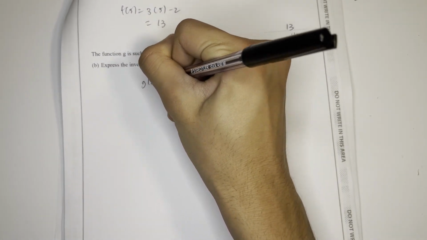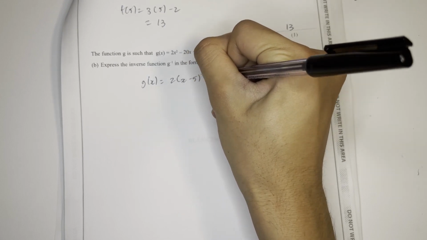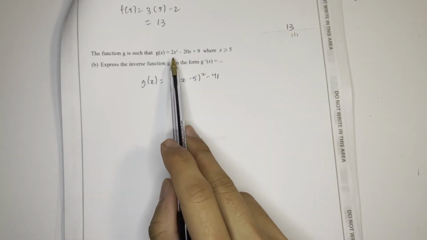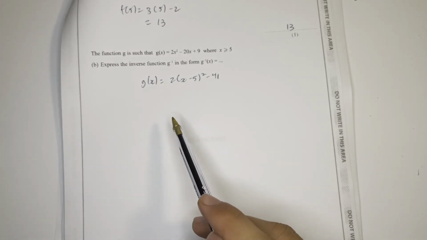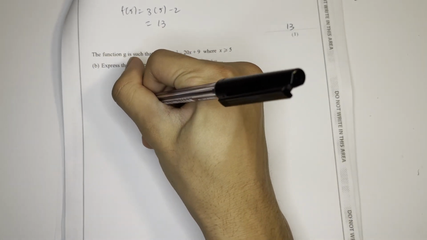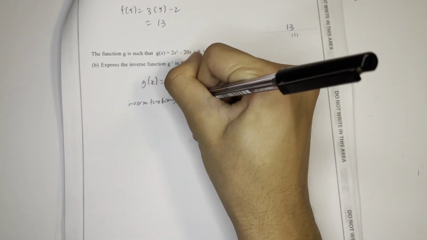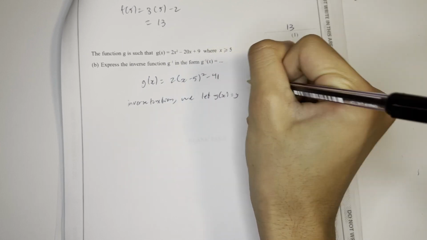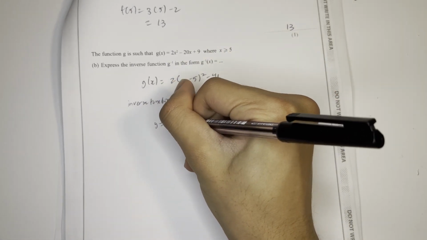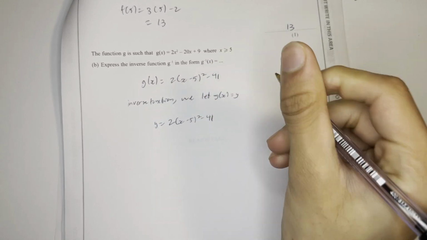So g of x is equal to 2 times x minus 5 squared minus 41. This is simply the function g of x written in completed square form. Now to find the inverse function, we have to let g of x equal y. So we have y is equal to 2 times x minus 5 squared minus 41.